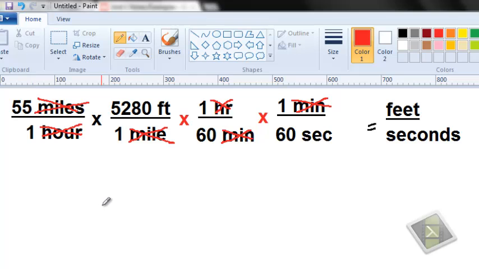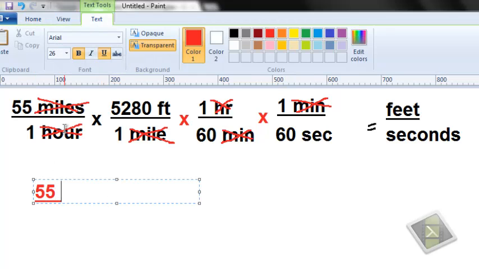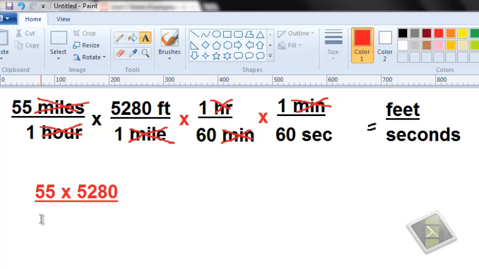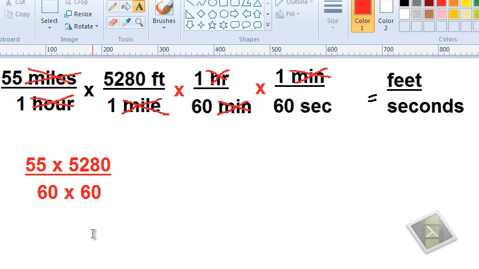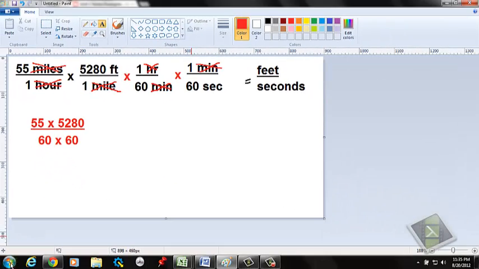What's going to happen here is we are going to multiply on top 55 times 5,280. On the bottom, we're going to take 60 times 60. So multiply on the top and then divide by whatever 60 times 60 is. Get my calculator up here.